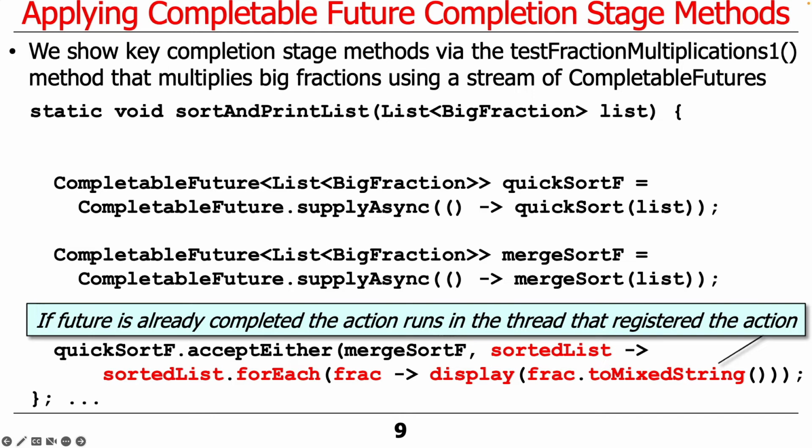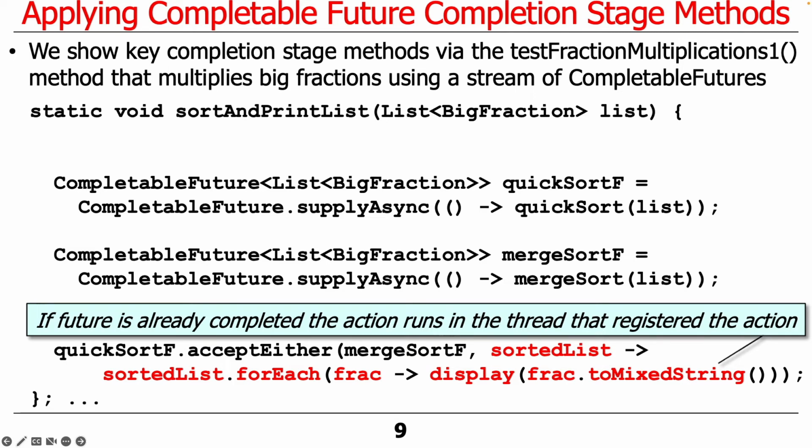And this is kind of interesting. If the future is already completed, if by some twist of fate, maybe you had a very short list to sort, so that by the time acceptEither is called the quick sort F or merge sort F completable future is done, then this computation will run in the thread that registered the action. It'll run in the calling thread.